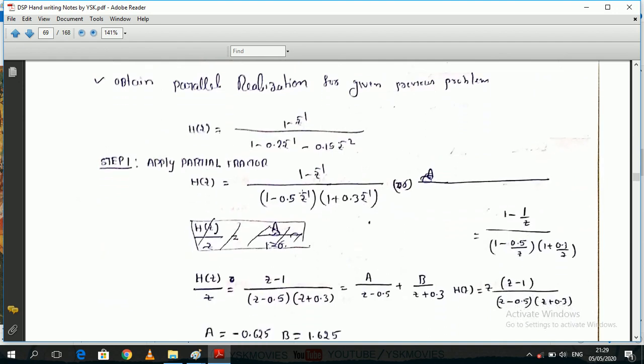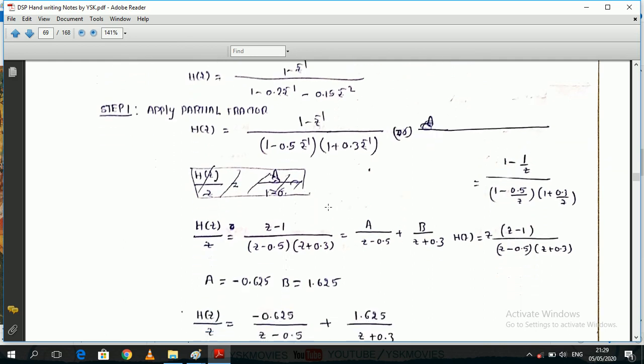Same as cascade, H of z is 1 minus, and you separate the characteristic two poles. After that, in parallel realization the subsystems must be added, whereas in cascade you have to multiply them. So for that you have to use partial fractions, because it is adding.